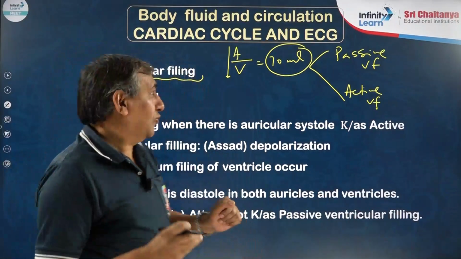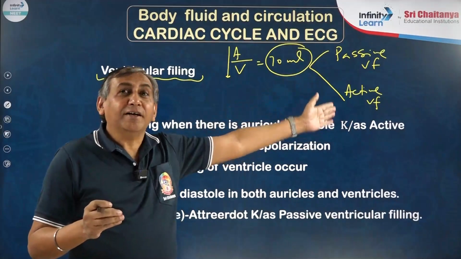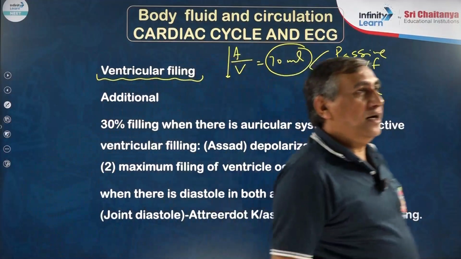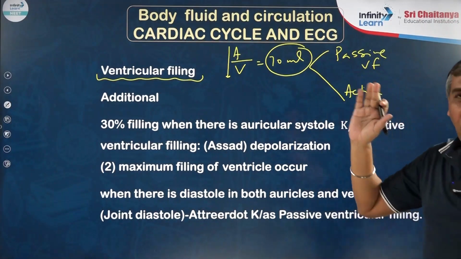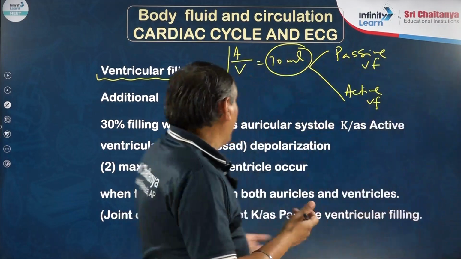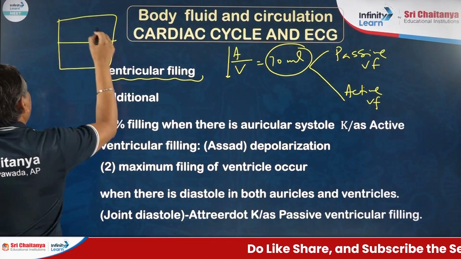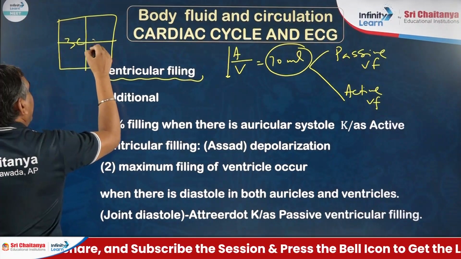Are you getting? When there is contraction in the atria and blood comes into the ventricle, this is active. Without the contraction of the atria, if the blood comes into the ventricle, it is known as passive. How is it possible? I said between the atria and ventricle, valves are present, tricuspid and bicuspid.